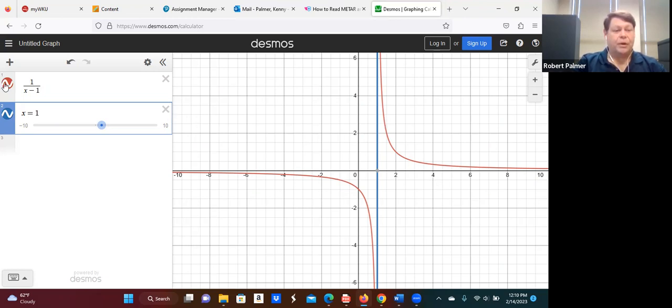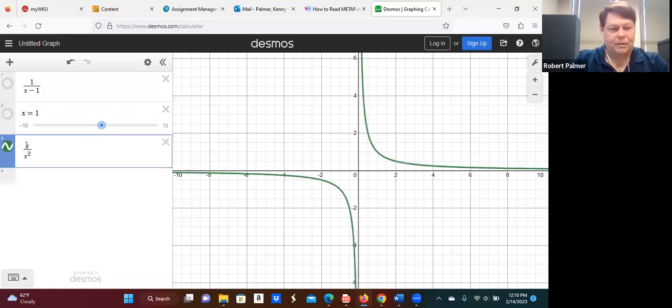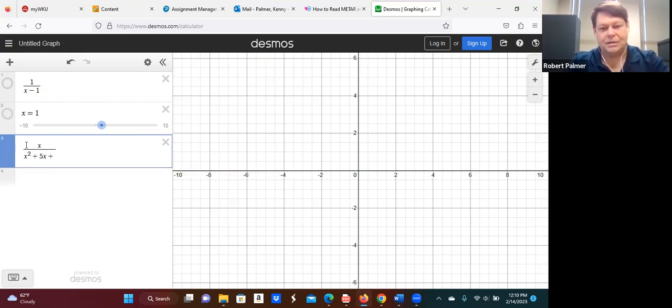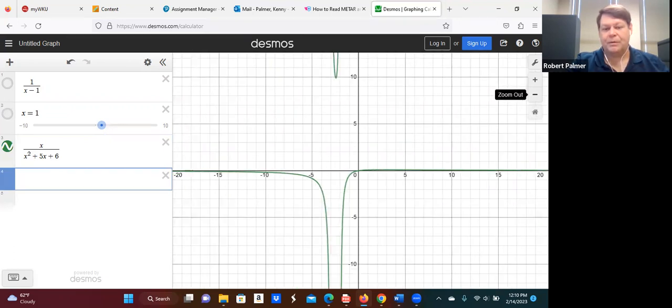Okay. Look at the other one we did. So we had x divided by x squared plus 5x plus 6. As we'll see, we have 2. And actually, we probably need to zoom out there to see what happens.